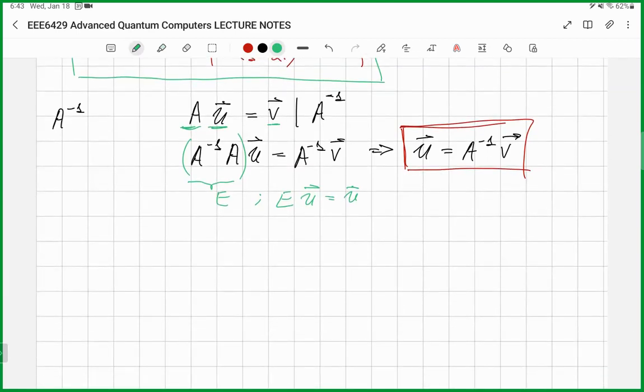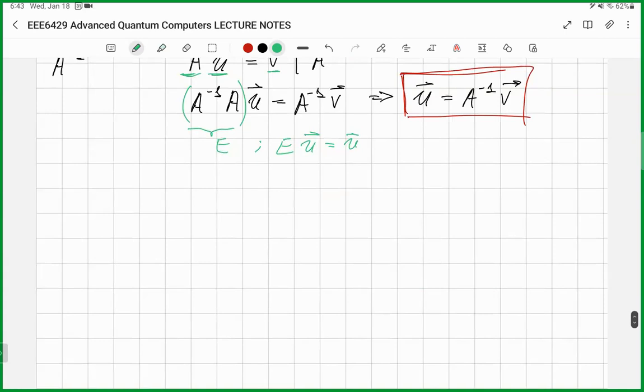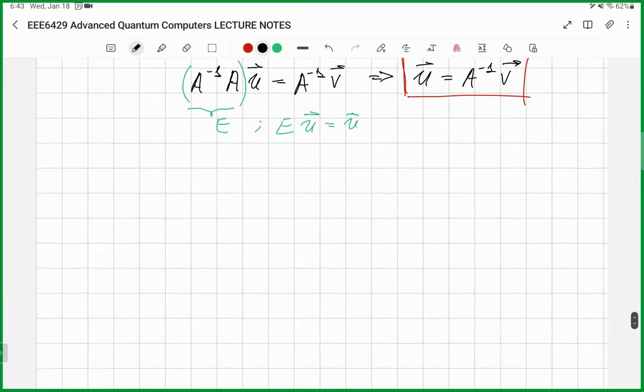So the matrix A is an operation that takes one vector and creates another one. Basically, it is a rotation and scaling, right? But for the inverse matrix, we get kind of the opposite. So the inverse matrix represents the opposite transformation.